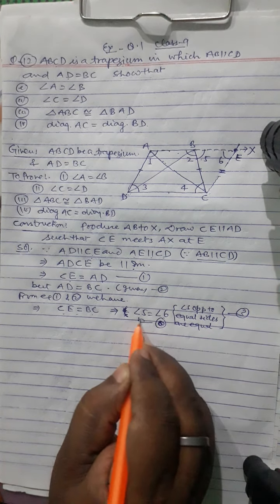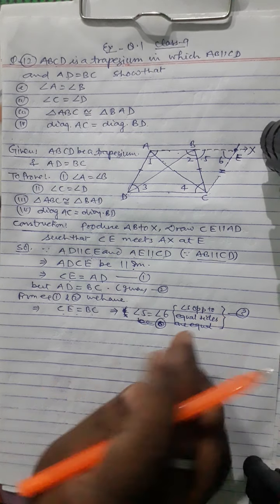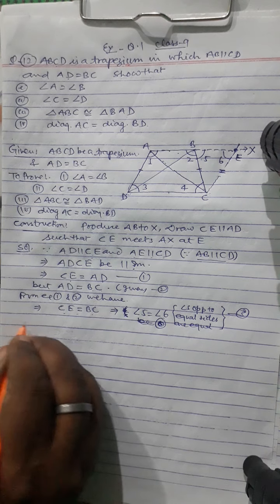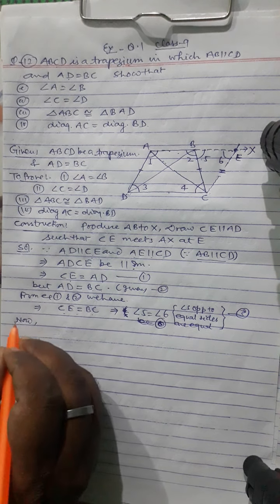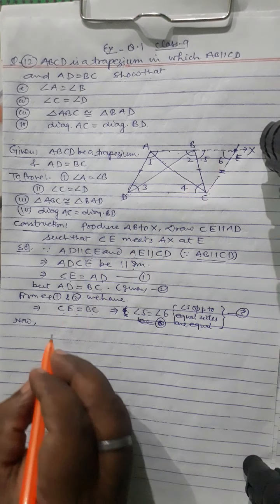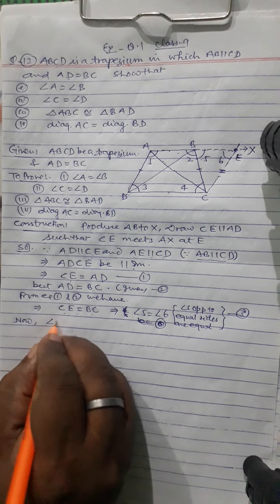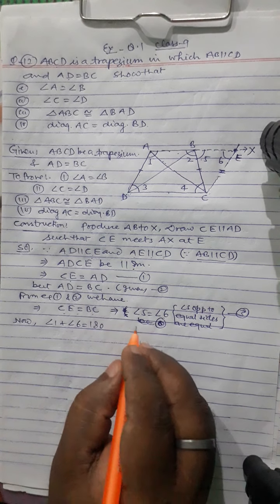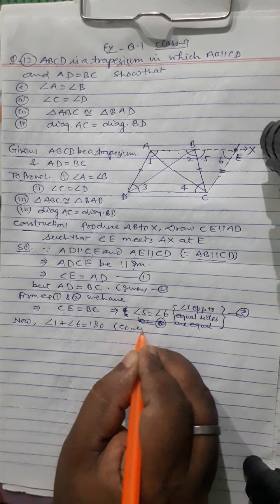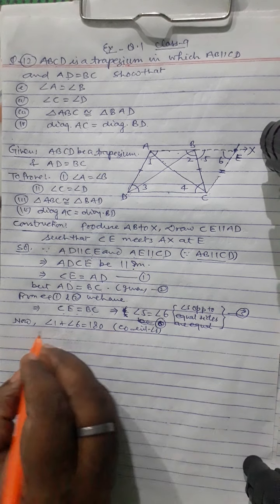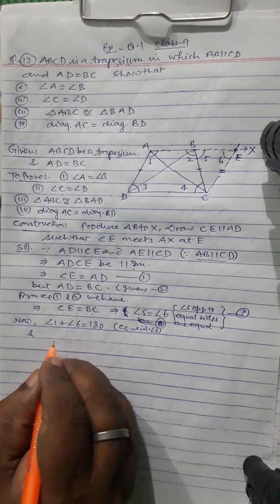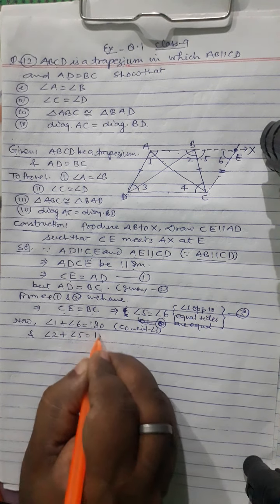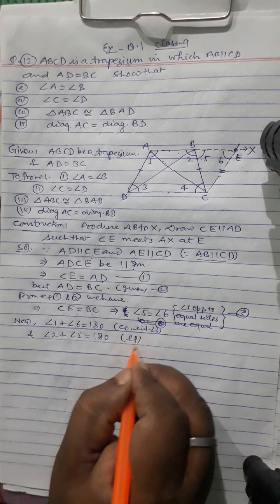Now angle 1 plus angle 6 is equal to 180 degrees by co-interior angles, and angle 2 plus angle 5 is equal to 180 degrees, linear pair.